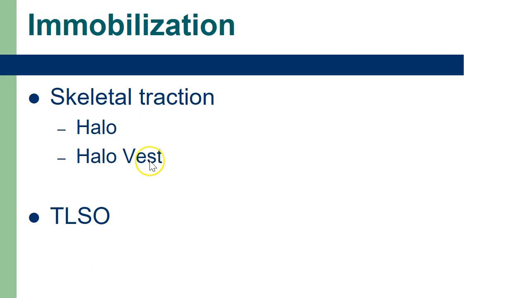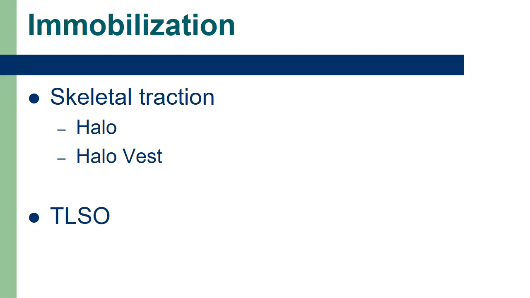As that patient gets more mobile in their recovery process, in someone with skeletal traction, they might have the halo vest, where they can actually be more mobile and, depending on their level of injury, sit up and move and transfer bed to chair, etc. And then a TLSO, you'll hear this not just in a spinal cord injury, but any patients that have any orthopedic issues that you might hear them fit for this brace.